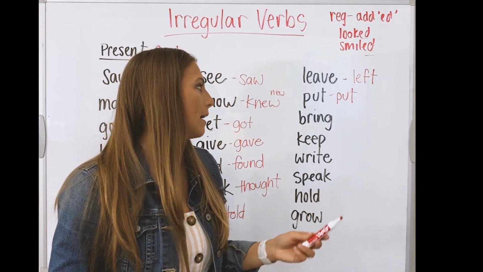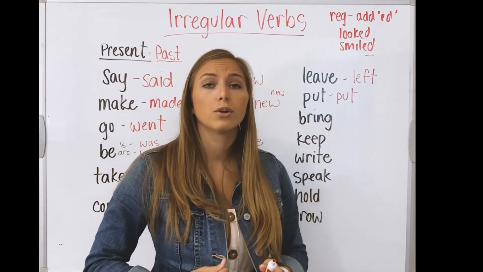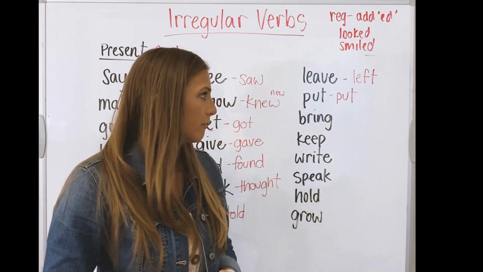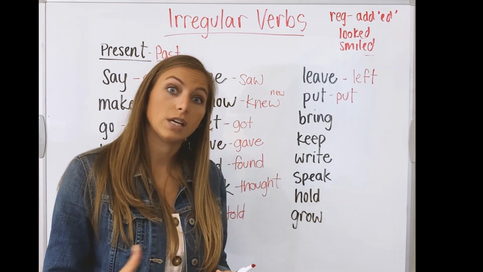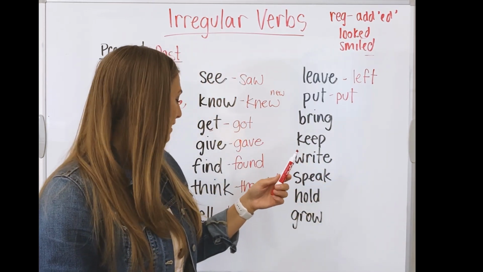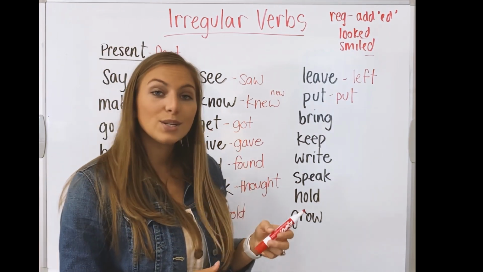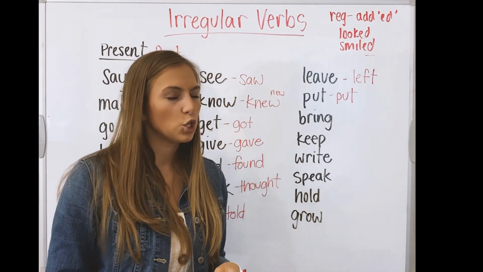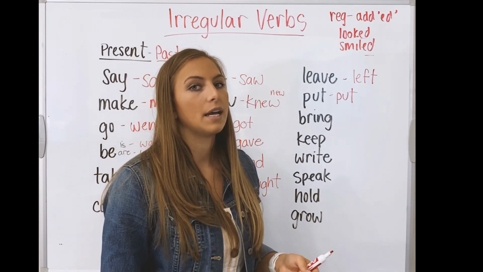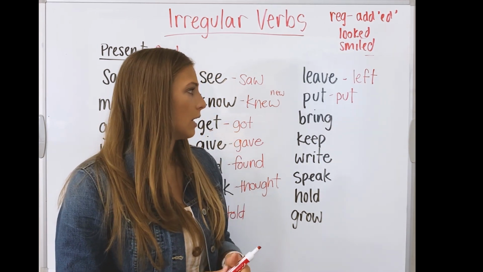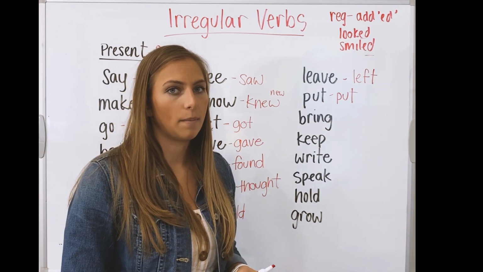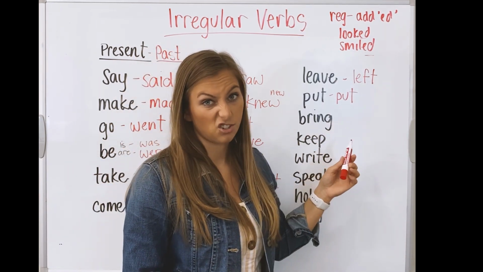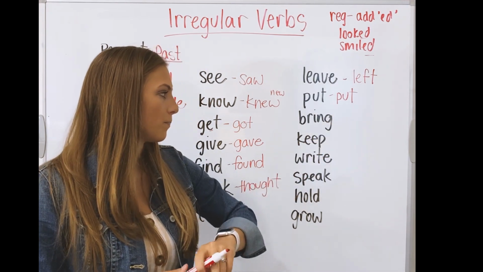You could say I put the groceries away after I shopped yesterday. So yesterday I went to town. I went shopping. When I got home, I put my groceries away after that. That was yesterday, right? Put away.